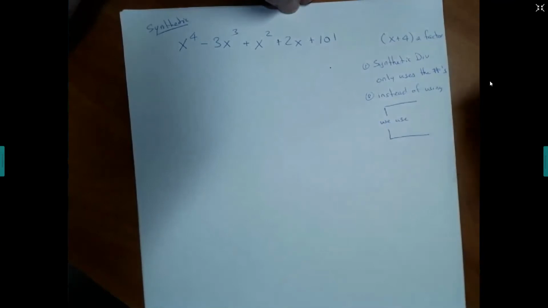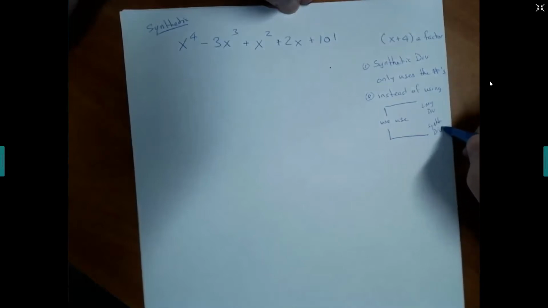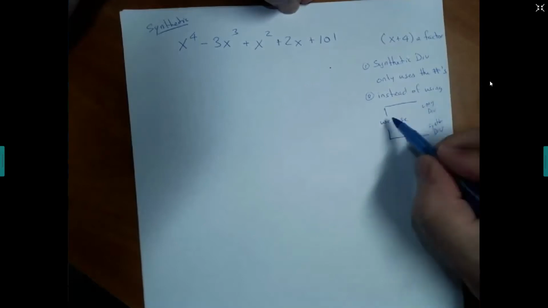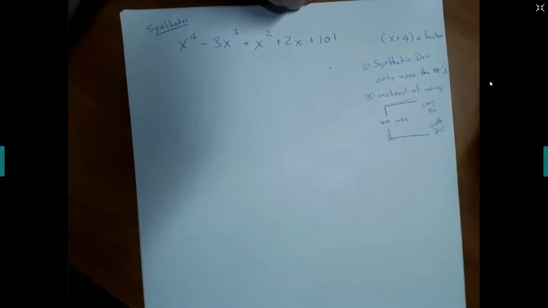That's what tells us the difference between long division and synthetic division. Long division is upwards, synthetic division is upside down.